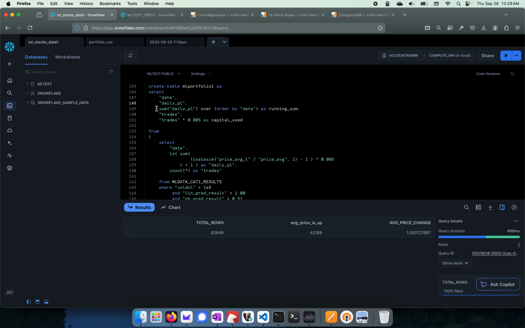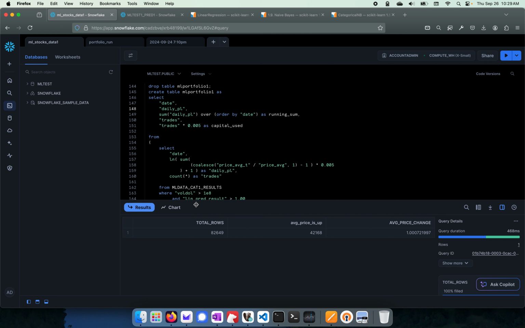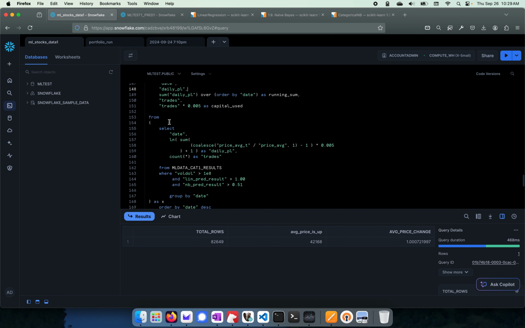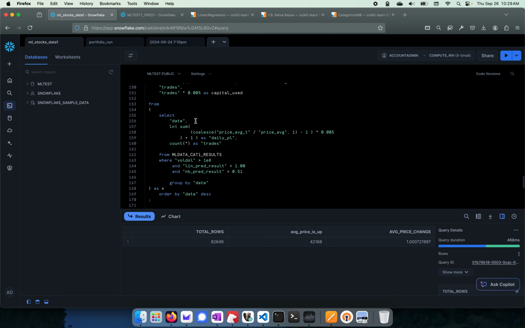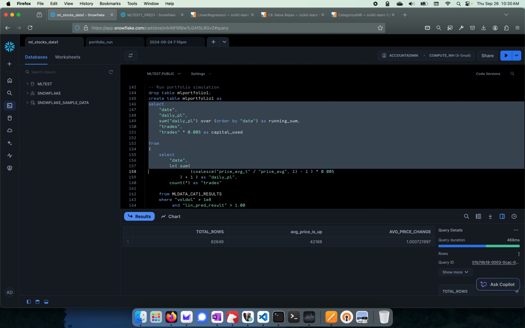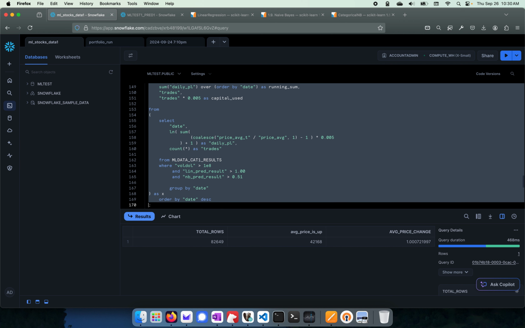We get a rolling multiplicative sum, essentially, of our portfolio as it's changing, because we're assuming every day we're using our new portfolio amount to place the trades. So I'll run this query, and I think the results will start to make sense once I run it.